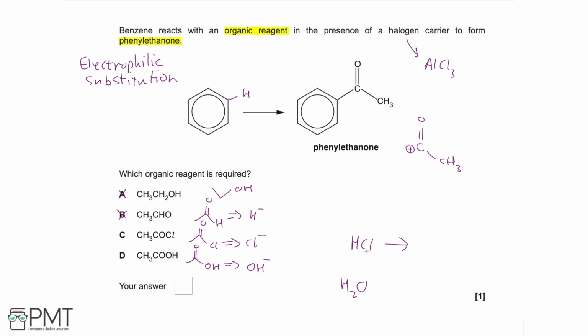If we think about HCl, it's a strong acid that will fully dissociate into H plus and Cl minus, whereas water is weakly acidic and will split into H plus and OH minus in equilibrium rather than fully dissociating. So the answer here is going to be C. Just to clarify, the reason that this is more stable is because we know that the acid more readily dissociates when we have a more stable conjugate base.